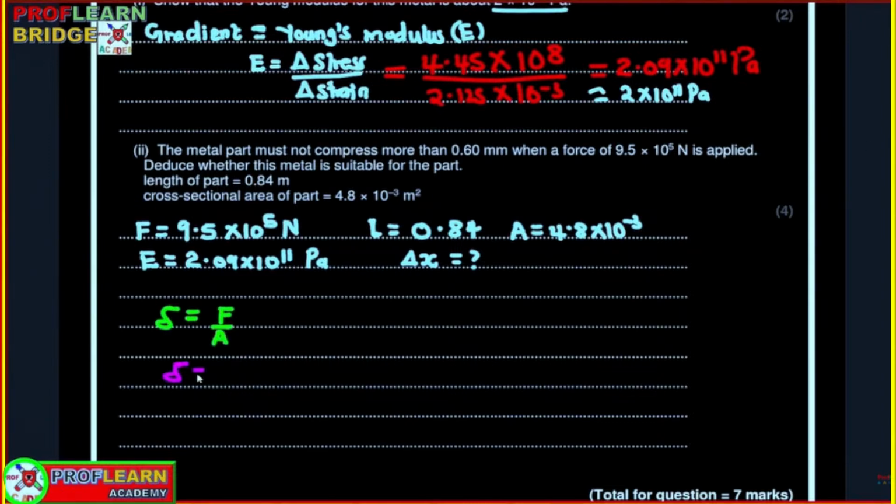So stress can be obtained from the formula force over area, and we have the force and the cross-section area, so the stress is equivalent to 1.98 times 10 to the power 8 pascals.